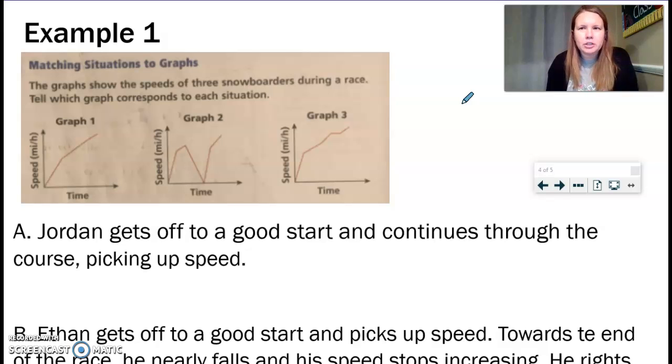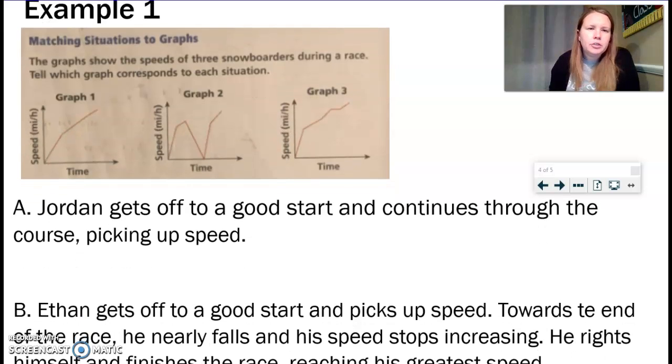So we're going to look at each situation and then start looking at the graph and trying to interpret it. So situation A says Jordan gets off to a good start. If you notice, all these graphs start right at the origin, so I'm pretty sure all of them get off to a good start.